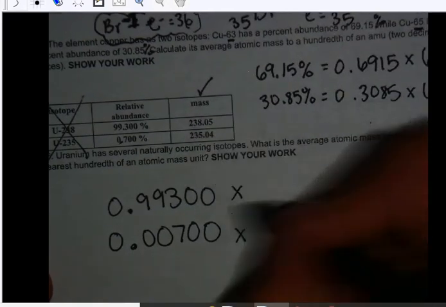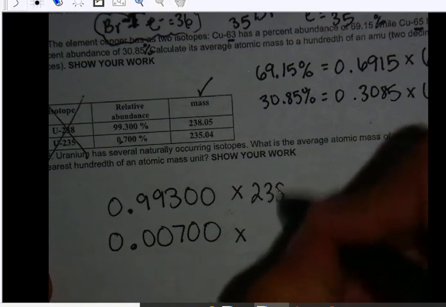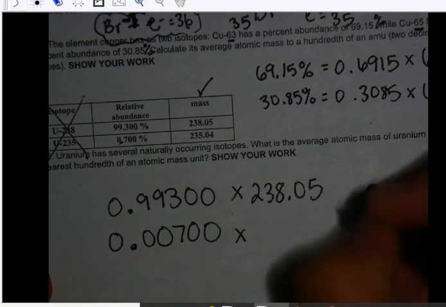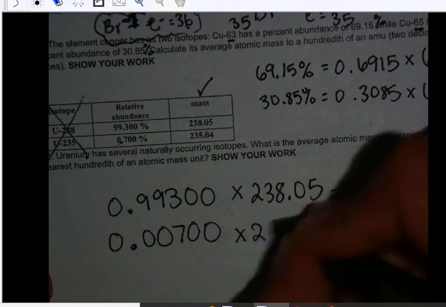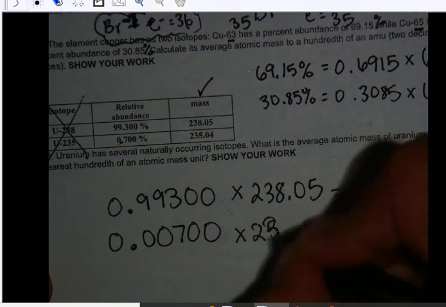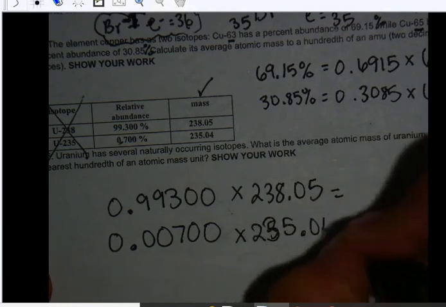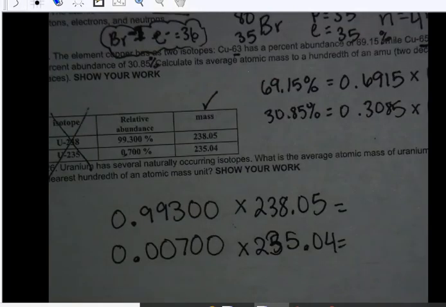Step number 2, we're multiplying it by those masses. So we're going to take the 238.05 and the 235.04. We're going to get those answers. So I can give you guys the top one if you want to give me the bottom one.